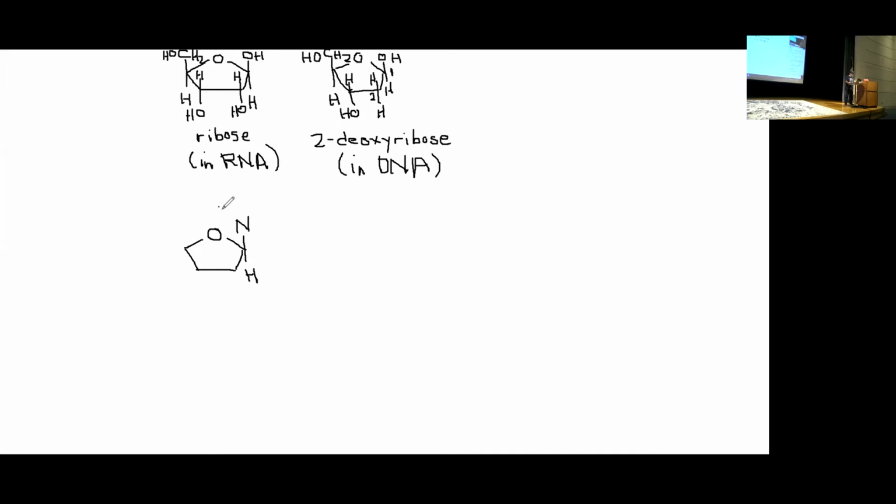Adenine. Just let me get the structure in. I'm just copying this straight from your class notes. I certainly don't have this guy memorized, nor would I ever expect you to. Double bond N. I think I have a double bond here too.